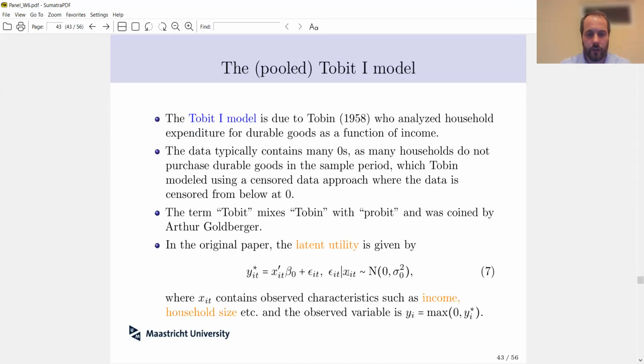First of all, something very important is that here again we are making a rather strong distributional assumption. We are saying that conditional on x_it, the epsilons are normally distributed with mean zero. That's not a strong assumption because as long as we include the constant regressor in X, epsilon having mean zero comes at no cost. That's without loss of generality. But we say that there is some variance.